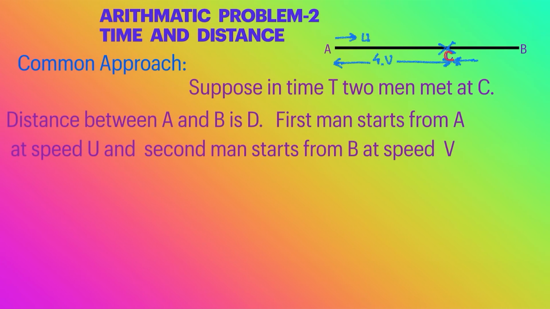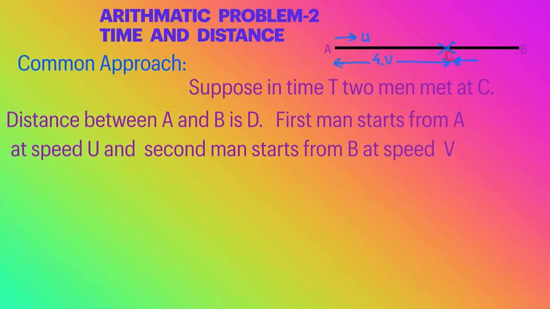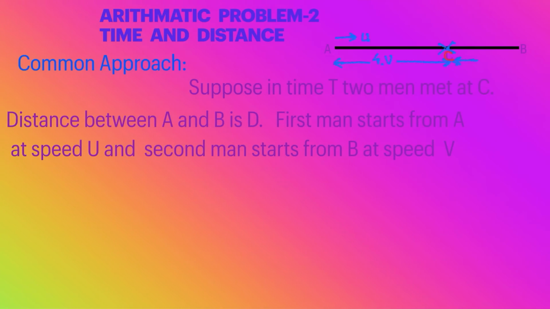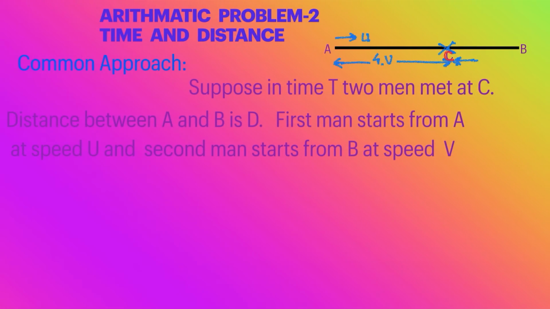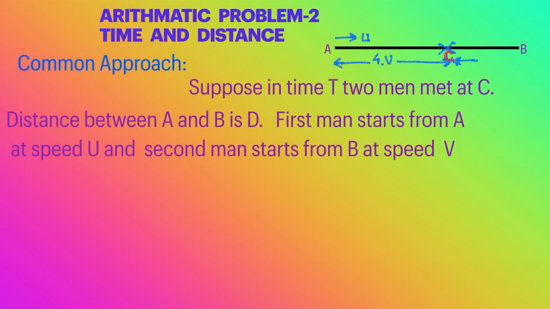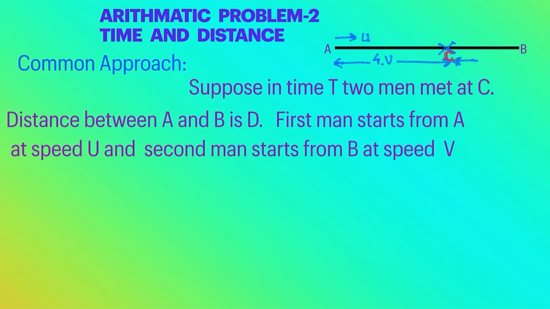We write the equation. The two men together traveled the distance AB, that means d, and the time taken by them is t, and the effective velocity will be u plus v.